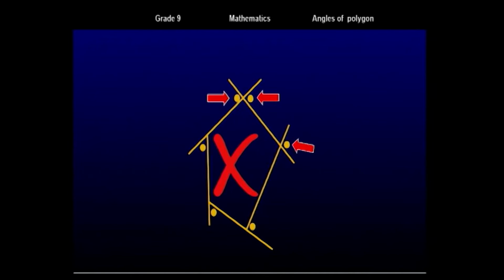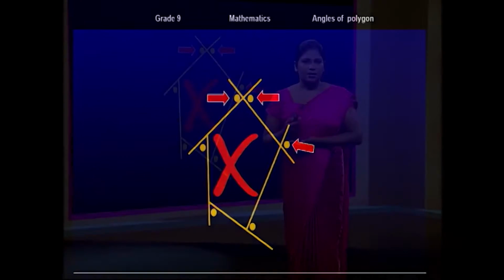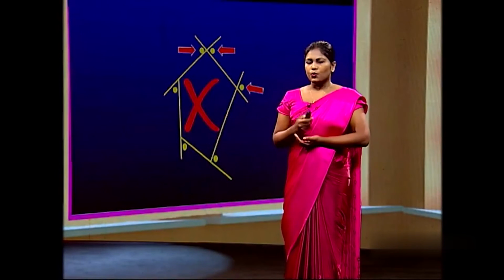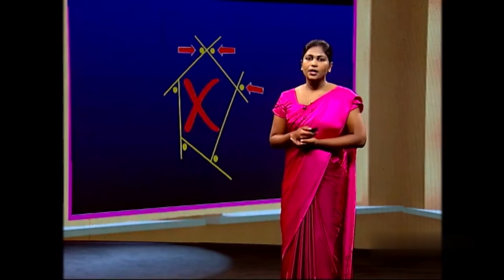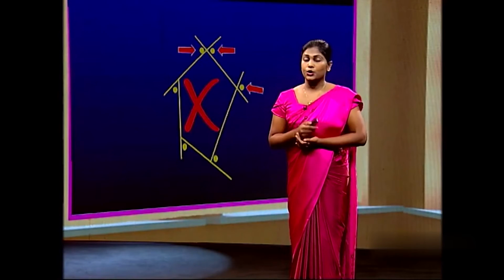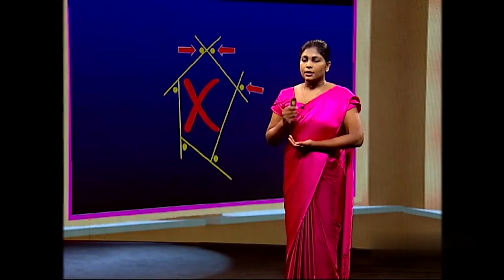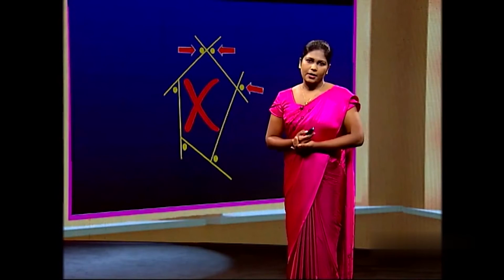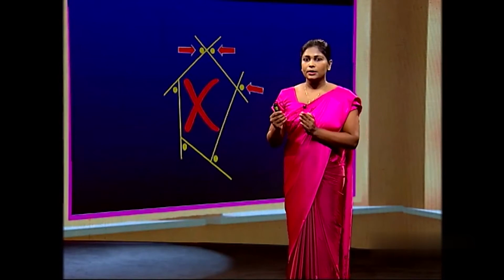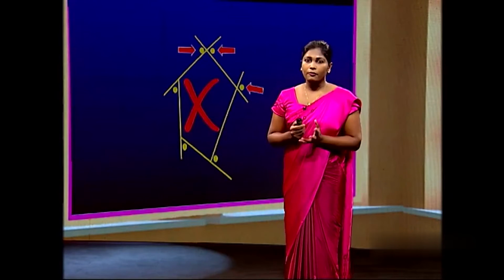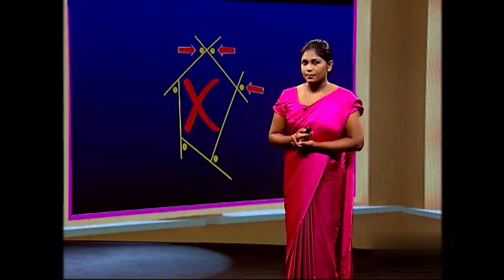At once in here there is a vertex, but I take the 2 angles of either side. That means when we mark the exterior angles, you have to use clockwise or anti-clockwise method. You can't take both ways at one time.